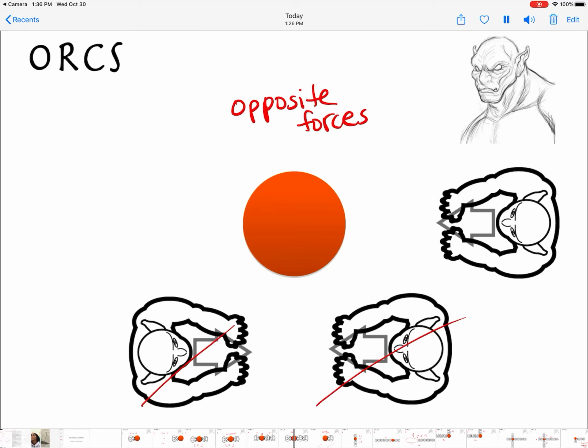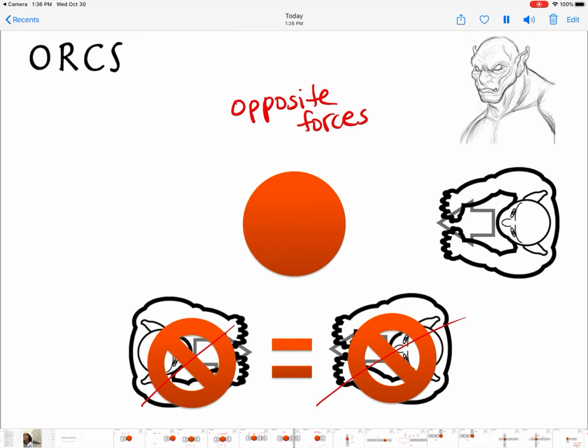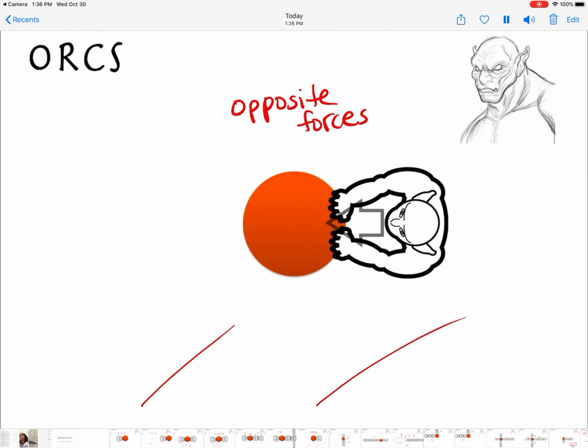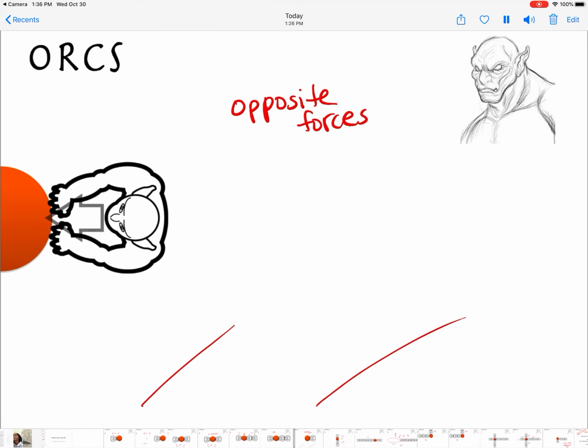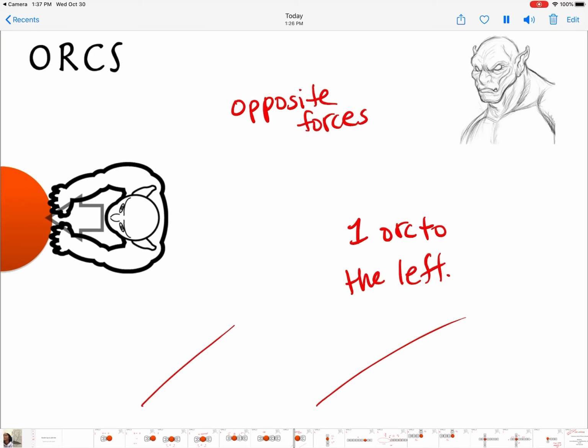We get rid of them because they're equal. That leaves you with one orc left, and that orc then pushes it to the right, or sorry, to the left. So by explanation of motion, you can put one orc to the left.